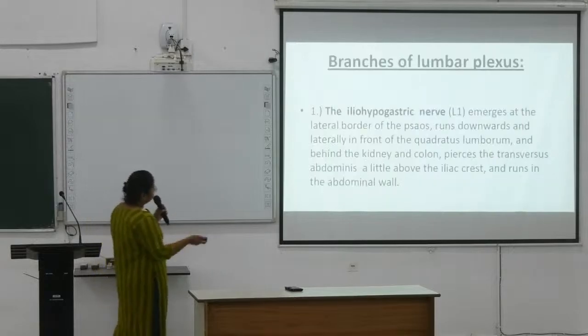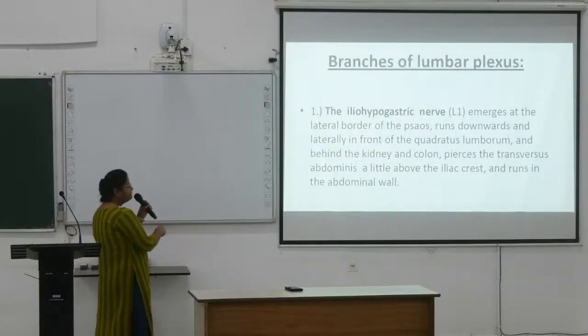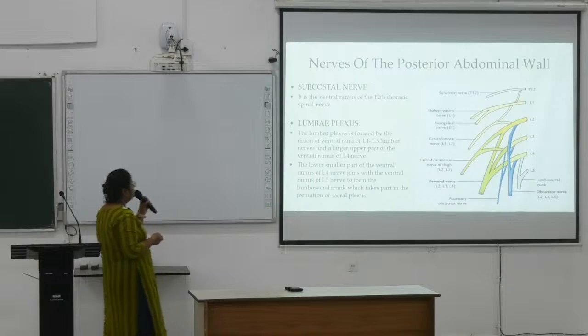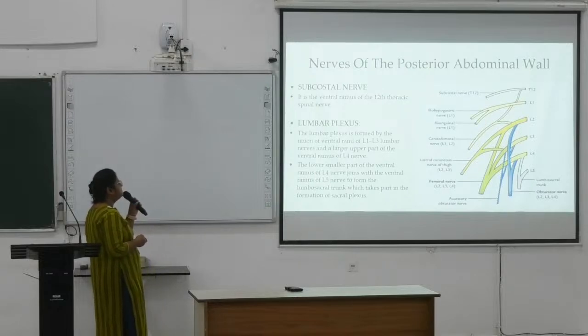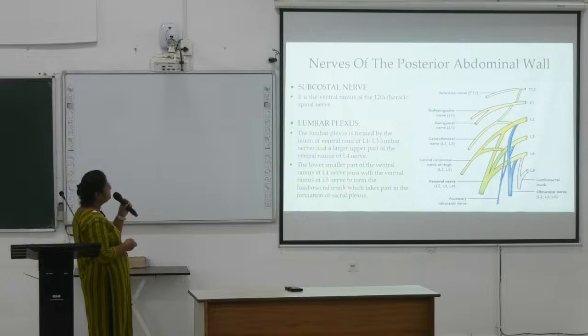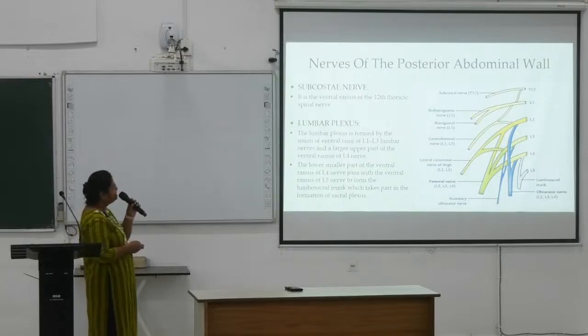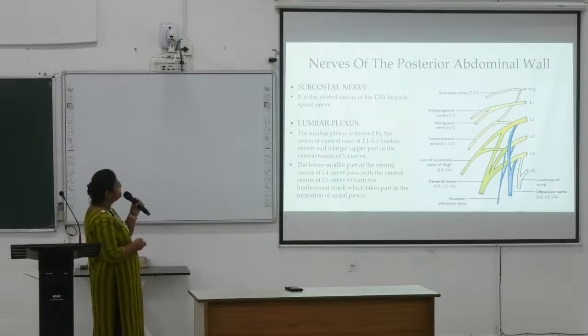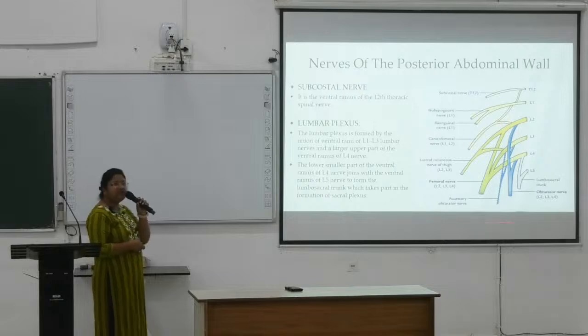Okay, next. The lower smaller part of the ventral ramus of L4 nerve joins with the ventral ramus of L5 nerve to form the lumbosacral trunk. See, the smaller part of L4 and L5 join to form the lumbosacral trunk, which takes part in formation of the sacral plexus.